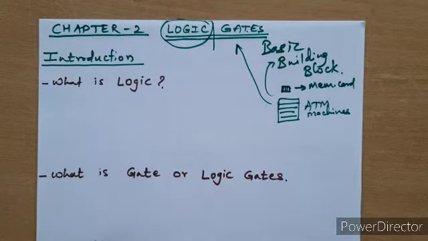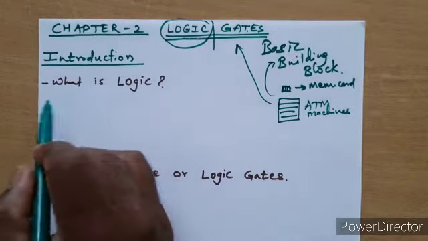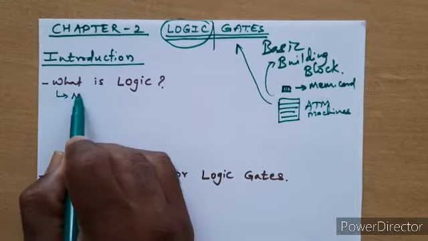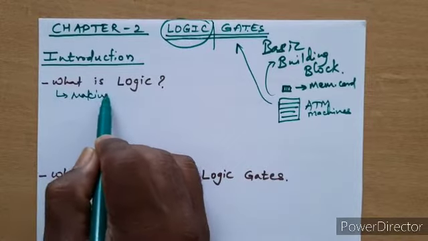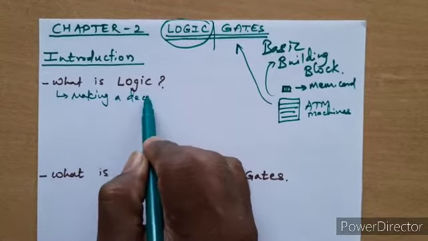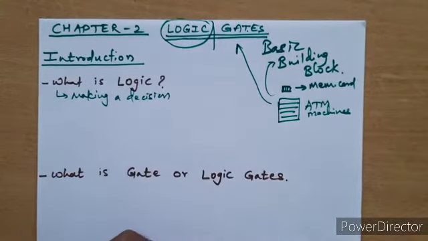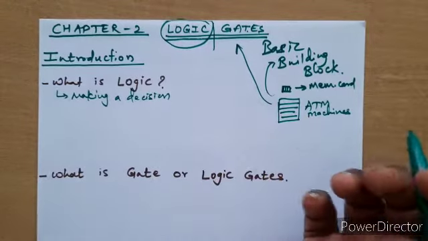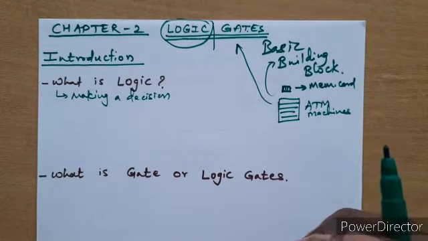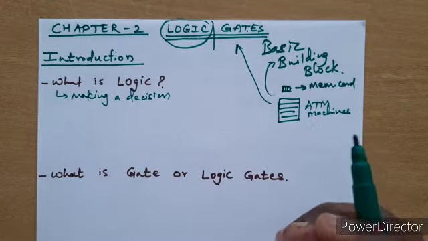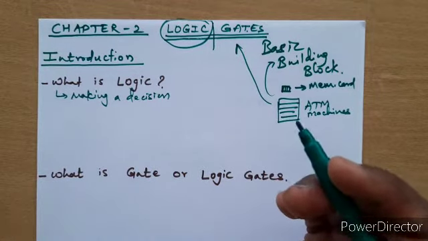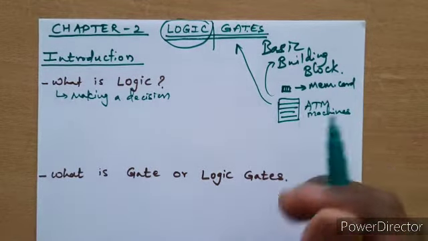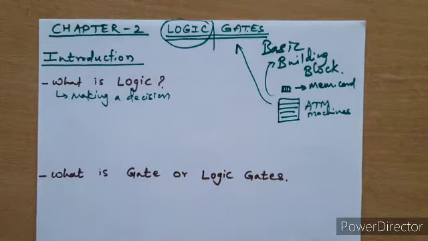So what is logic? When we want to make a decision, how do we make a decision? We have certain conditions with us: condition A, condition B, condition C, condition D, so many conditions.